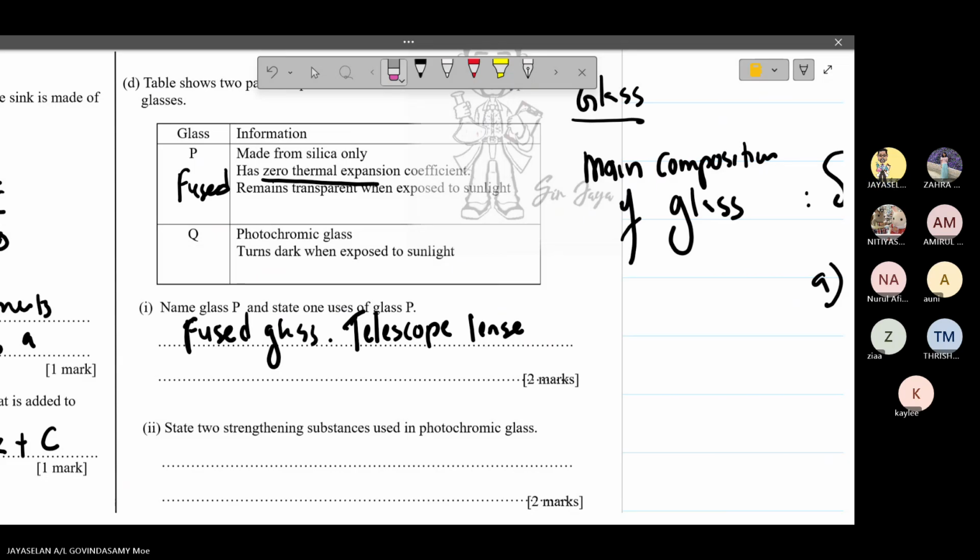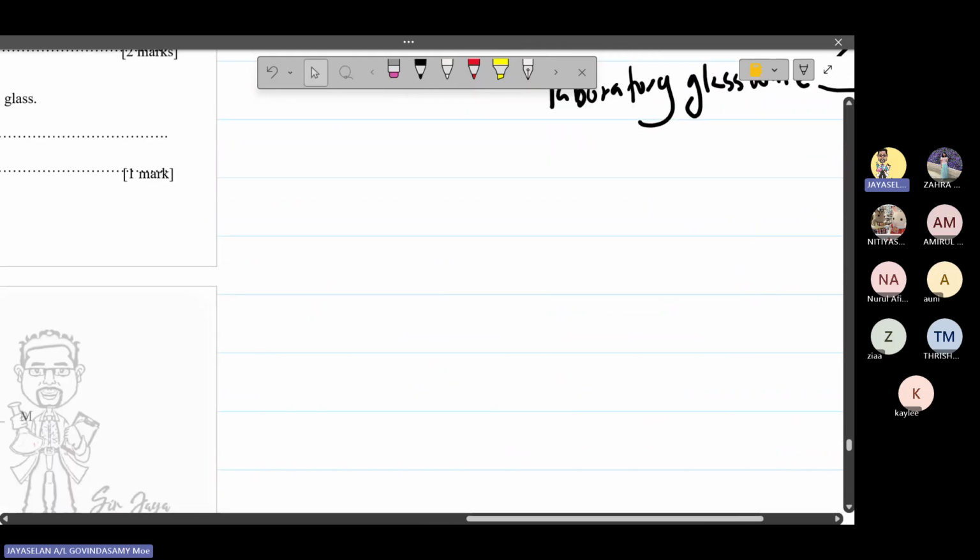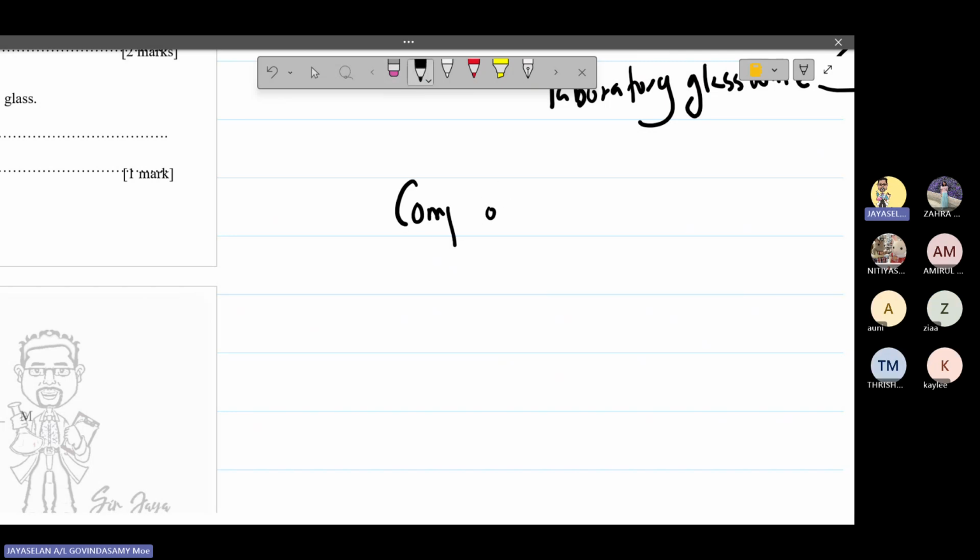Second glass is known as what glass? Photochromic glass, under composite material.